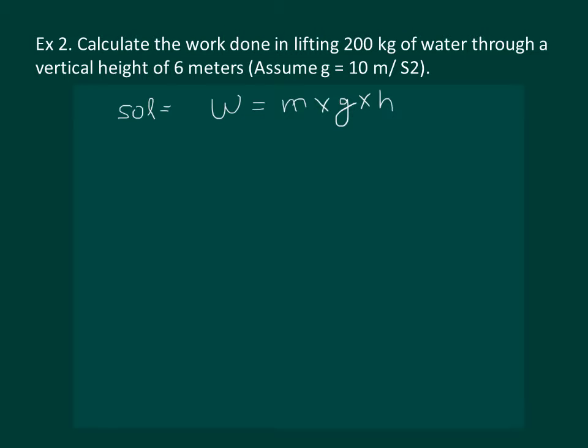Here the mass of water is 200 kg, g given in the question is 10 meter per second square, and height is 6 meter.